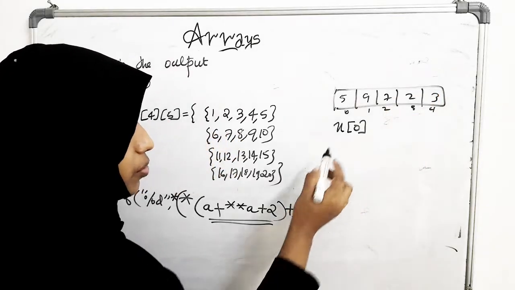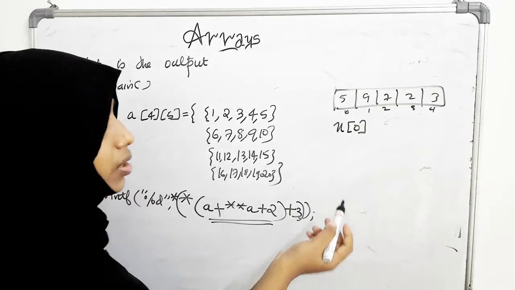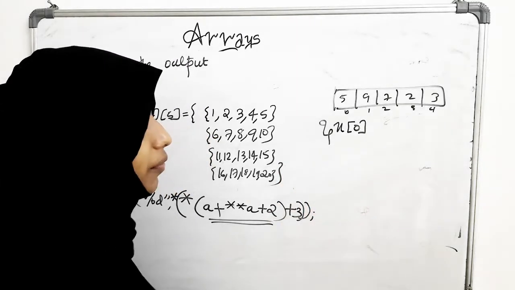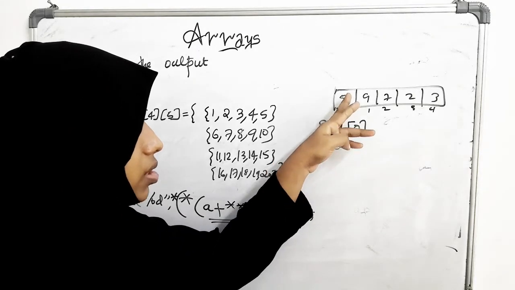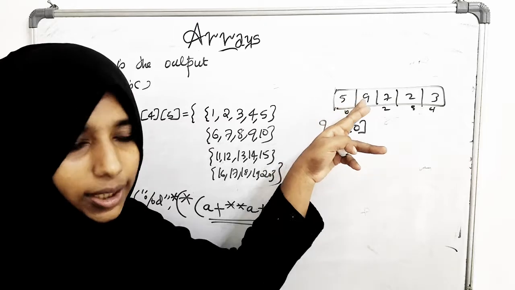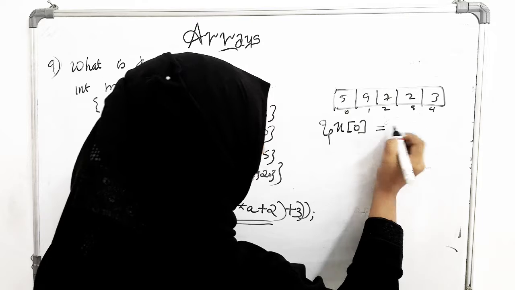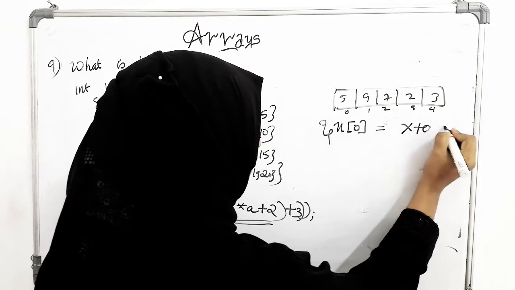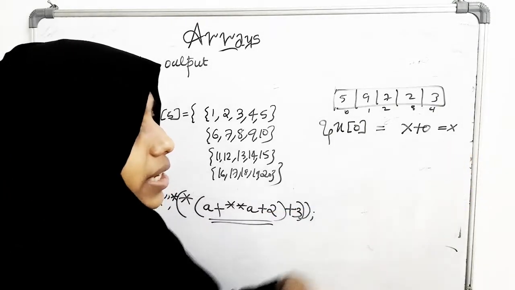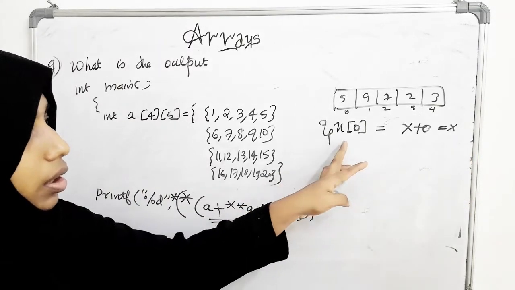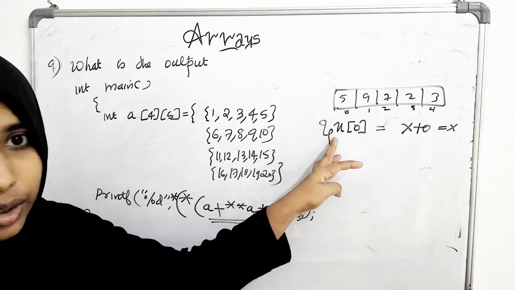X of 0 means the element at the 0th index, that is 5. And ampersand x of 0 will give you the address of this location, isn't it? Ampersand x of 0 means the address of the memory location containing 5. Ampersand x of 0 can also be written as x plus 0, or x. If we are printing the pointer corresponding to this x, x is actually x plus 0, which is this particular memory location.